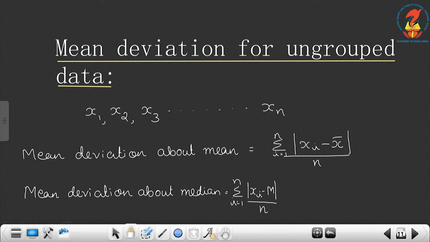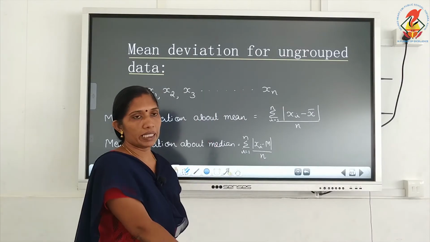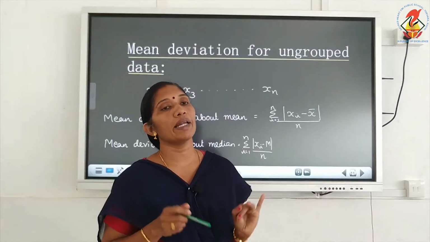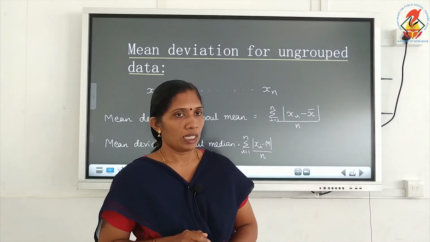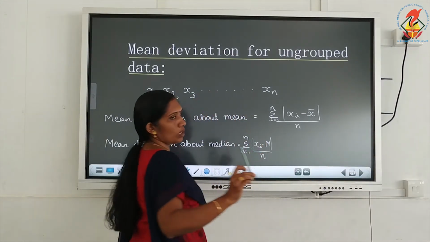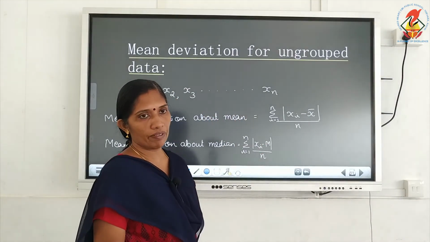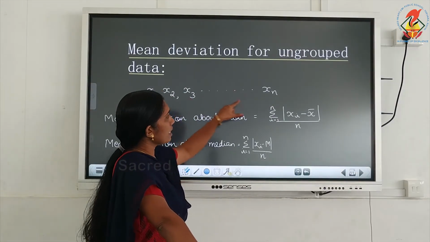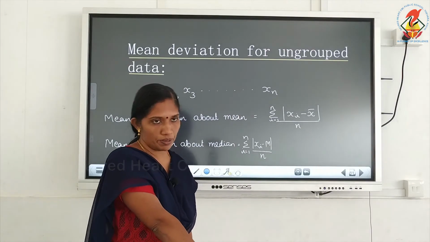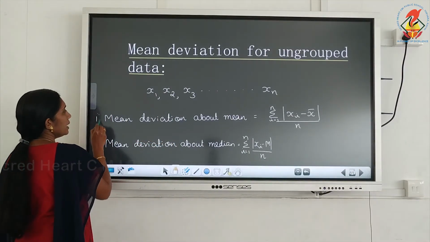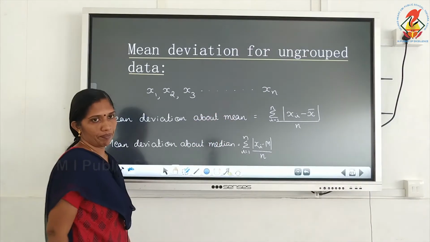First, the mean deviation about mean. Under mean deviation, we have to learn mean deviation about mean and about median. Ungrouped data means only some observations will be given. So let x1, x2, x3, etc., xn be n observations. Then how to calculate mean deviation about mean?